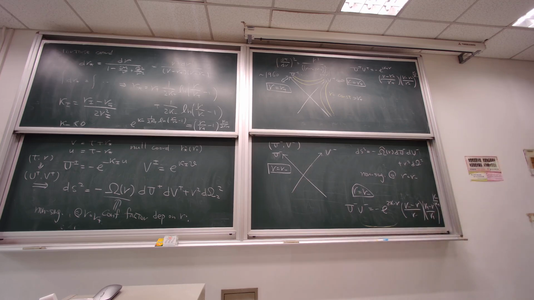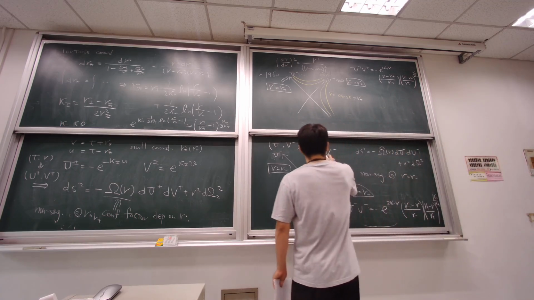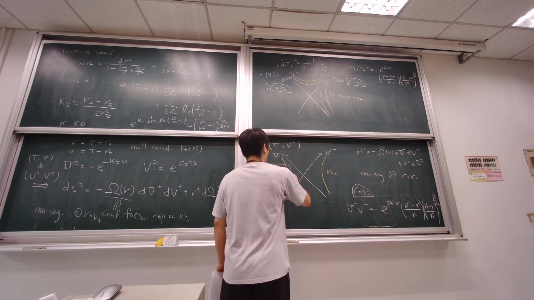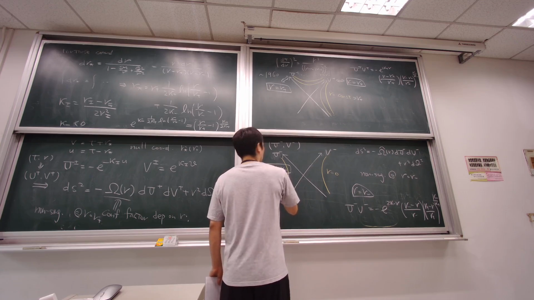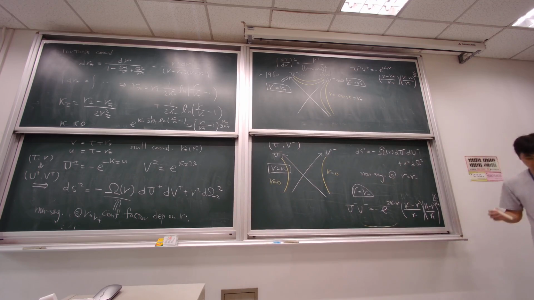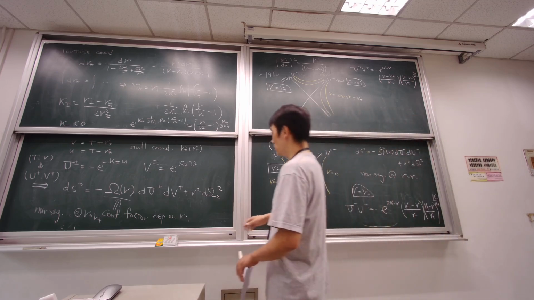Fine, so this is what we have. And if you plug in r equal to 0, this becomes a negative quantity. So r equal to 0 will show up this way, like this. That's what I want. Okay. So far, let's write down a Penrose diagram by using this one.